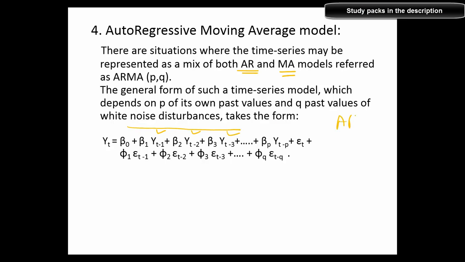This is called ARMA, autoregressive moving average. That means you have AR terms as well as MA terms. So you have past values yt, yt minus 1, yt minus 2, and so on, and then the error terms also, epsilon t minus 1, epsilon t minus 2. So it's a combination of both, AR plus MA is equal to ARMA.